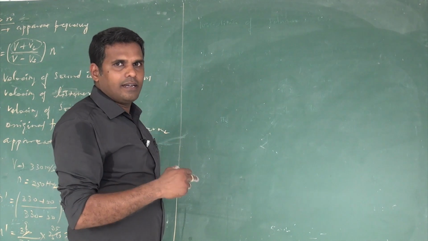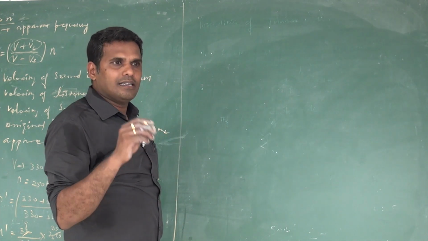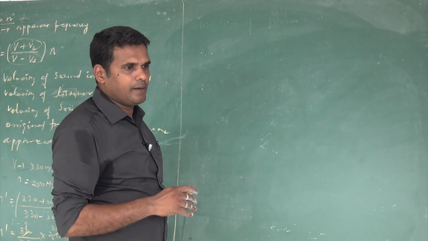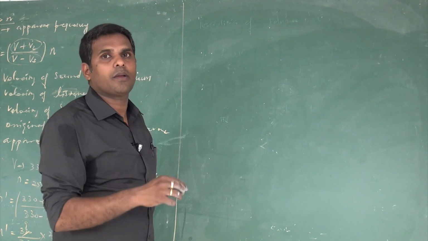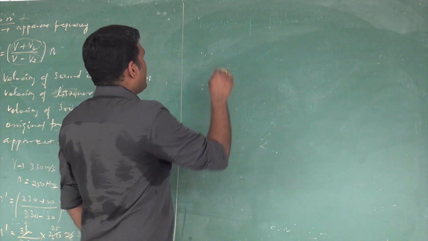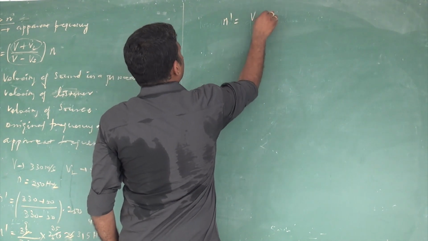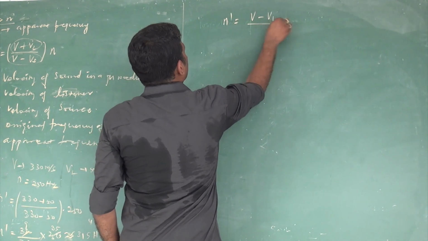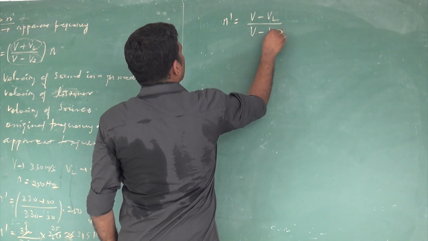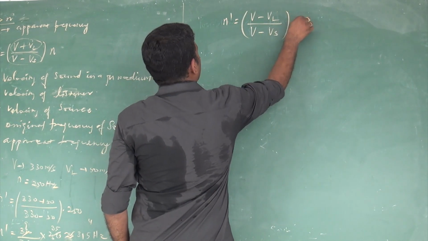Before getting into that, I am going to make a simple assumption here. A general expression to determine the apparent frequency can be given as n prime is equal to (V minus VL) divided by (V minus Vs) into n.